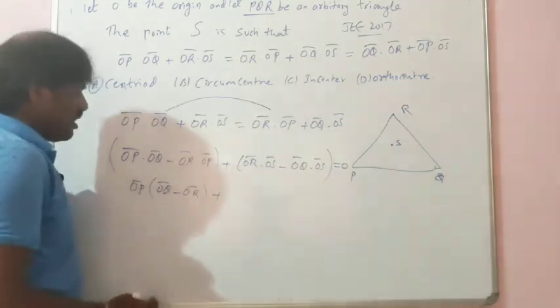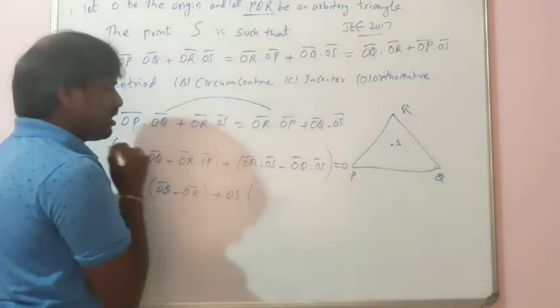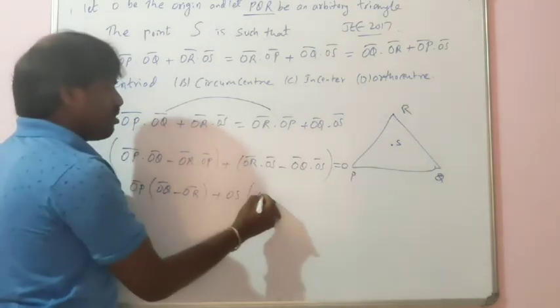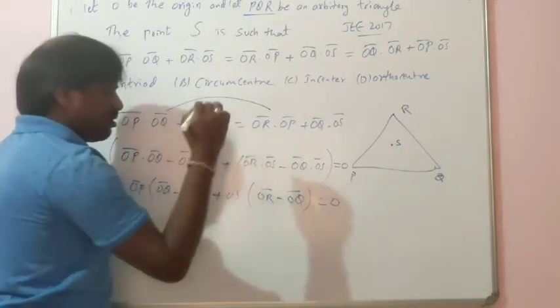And in these, OS is common, so I get OS dot OR vector minus OQ vector, and this is equal to 0.